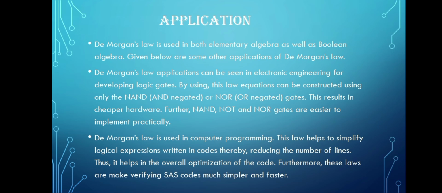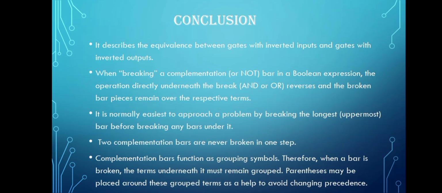Further, NAND and NOR gates are easy to simplify partially. De Morgan's law is used in computer programming. The law helps to simplify logic expressions written in code, thereby reducing the number of lines. Thus, it helps in the overall optimization of the code. Furthermore, this law makes verifying code much simpler and faster.